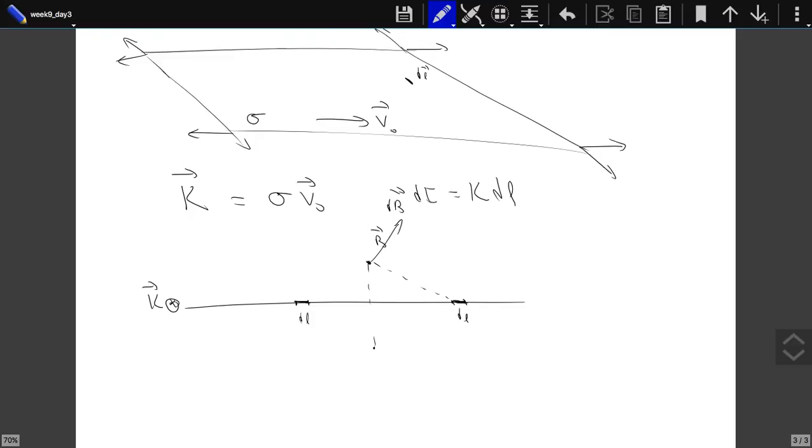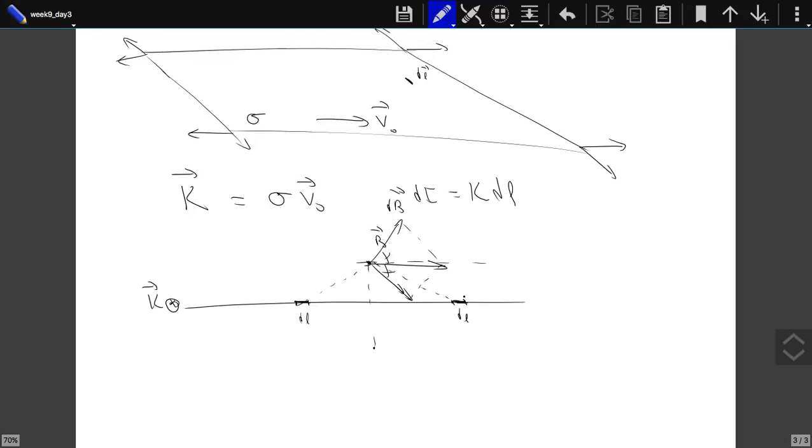Symmetrical in the sense that it will be symmetrical with respect to the horizontal plane. So it will be pointing in this direction, this angle being equal to this angle, and their magnitudes will be the same. So when you sum them up, the total will be in that direction.